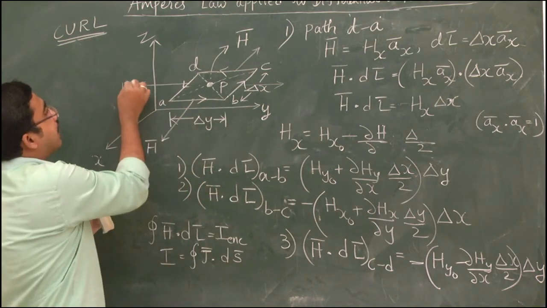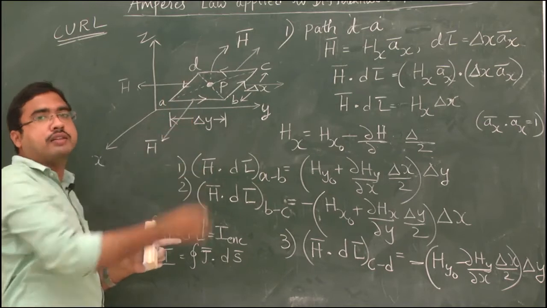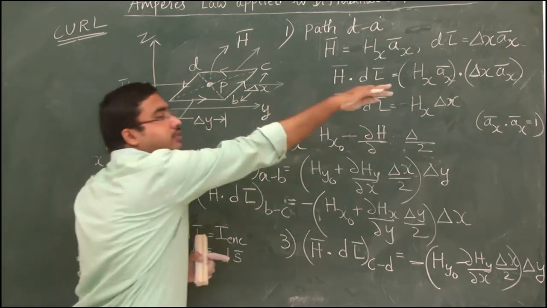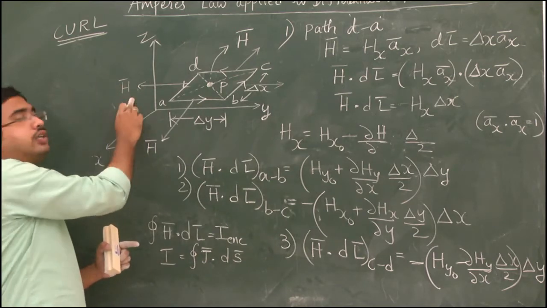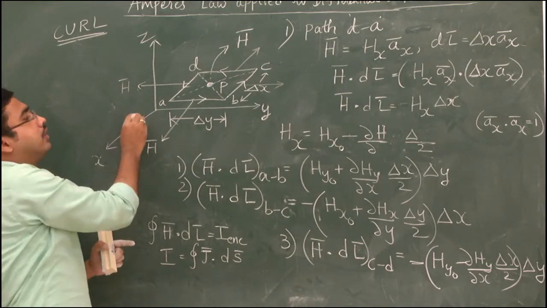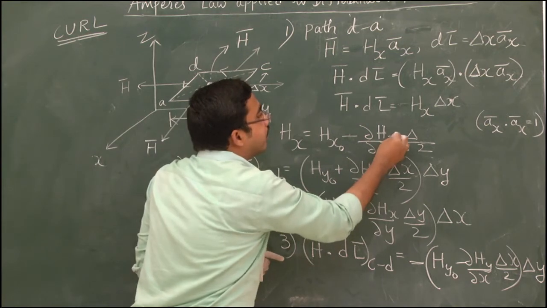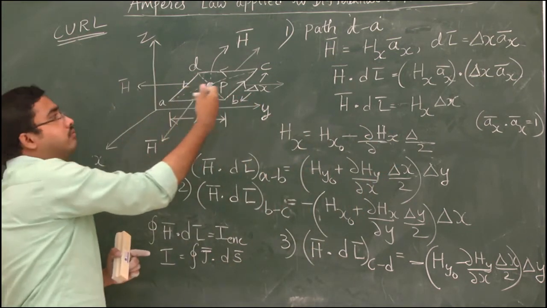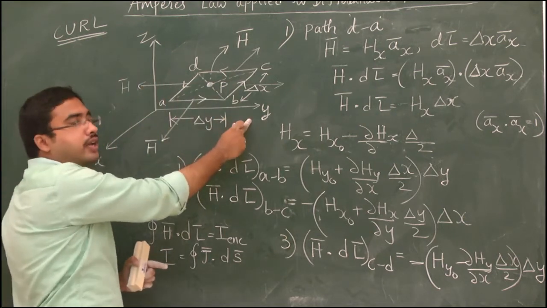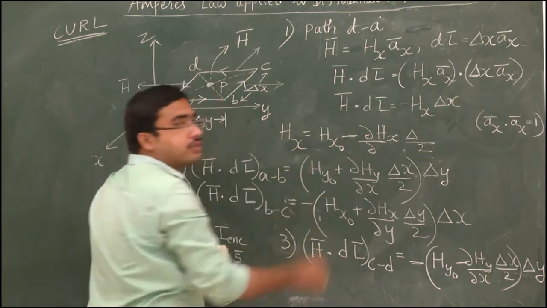If the h bar is acting like this for this path DA, if you go like this, that is positive y axis. If you go opposite, that is negative y axis. Now your hx is varying with respect to negative y axis. You are going opposite to the positive y axis, so I am keeping a minus sign.